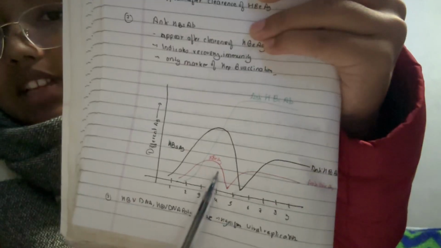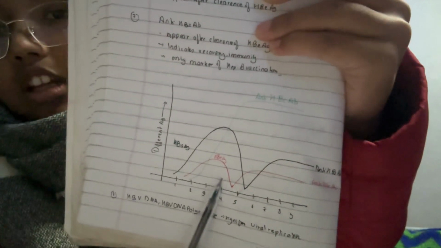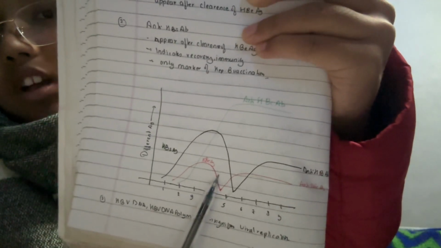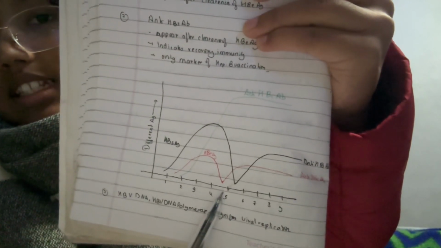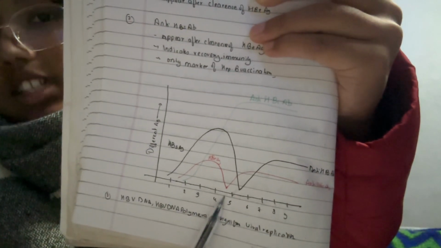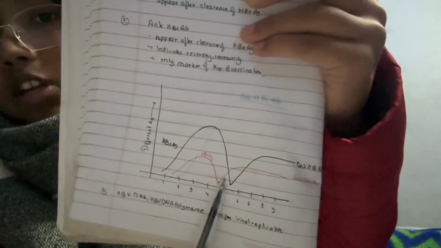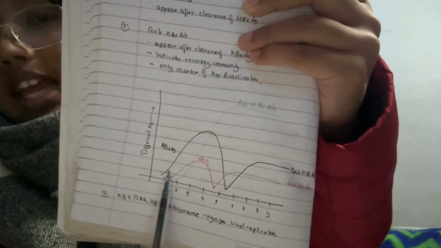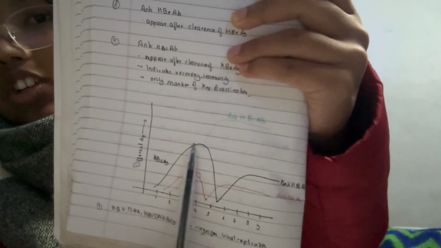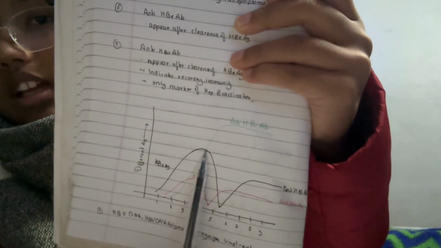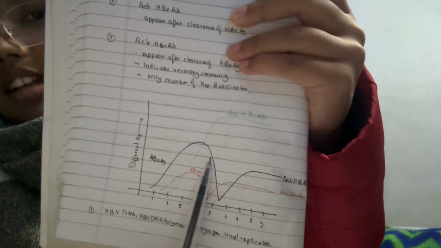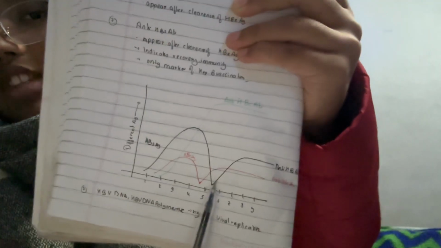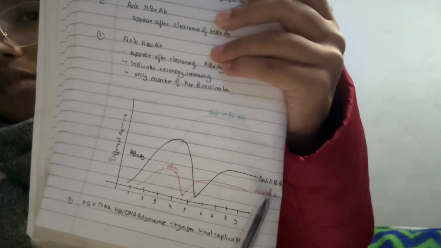See how it is elevated from the second month to a certain month, and when the level of antigen has decreased, then only the antibody increases. Same for the HBsAg antigen: it increases, then our immune cells attack against it, then slowly they are all removed from the body, and only after that the antibodies against them are formed.